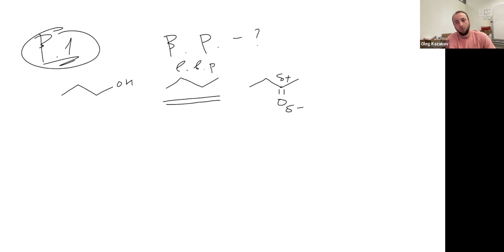Because oxygen is more electronegative, it will be trying to draw the electron density towards itself. And as a result, we are going to have the dipole moment generated in this molecule. So dipole-dipole interactions will be happening consequently between the multiple molecules of this particular ketone.